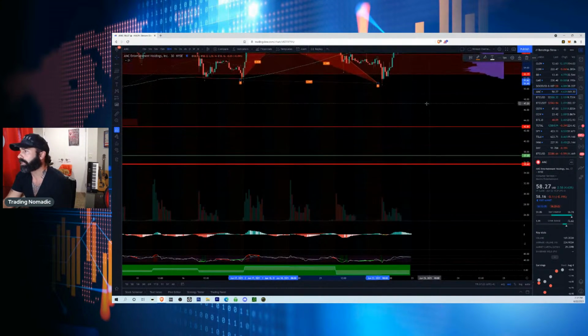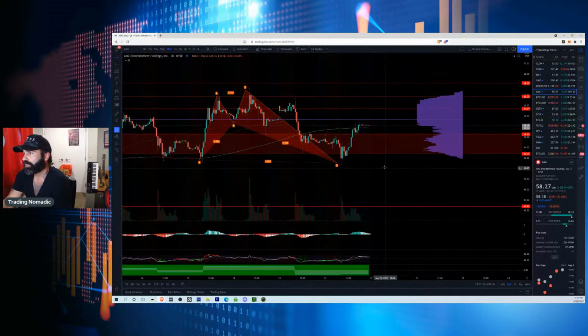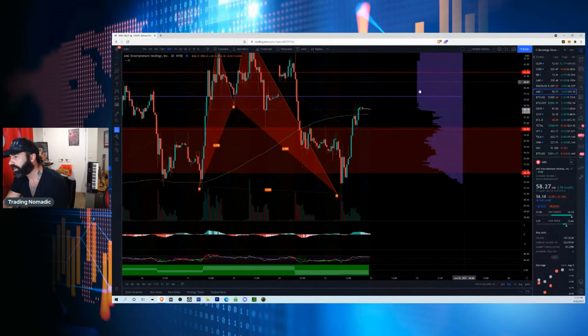If we look at the lower time frames, you got your spring, which is your reaction, and it looks like, oh, look at that. You had this double top here at about 57.65, and we did manage to spring above that.